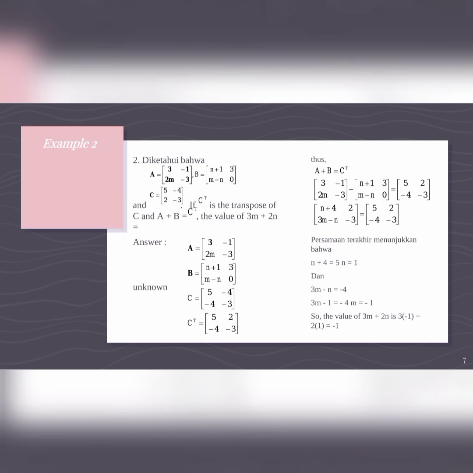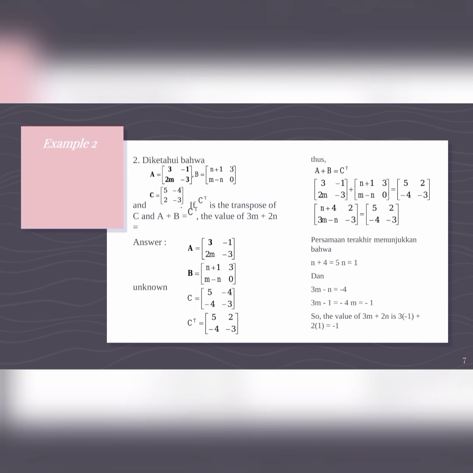And we can get matrix A plus B equals C transpose. So we can get the result is matrix 3 2 M minus 1 minus 3 plus N plus 1 M minus N 3 0 equals matrix 5 minus 4 2 minus 3.